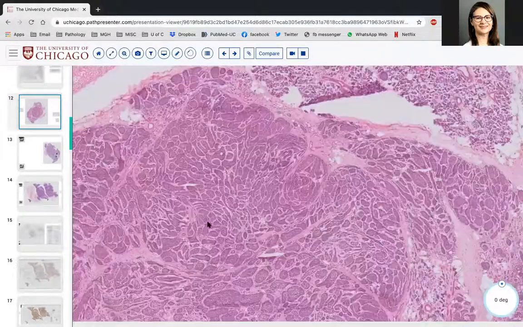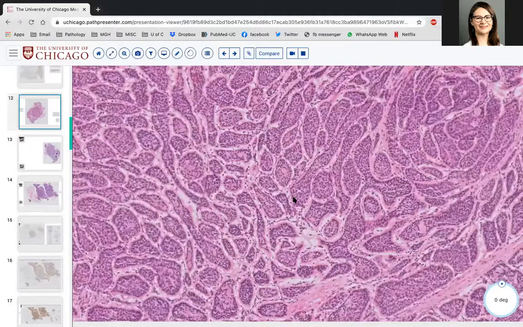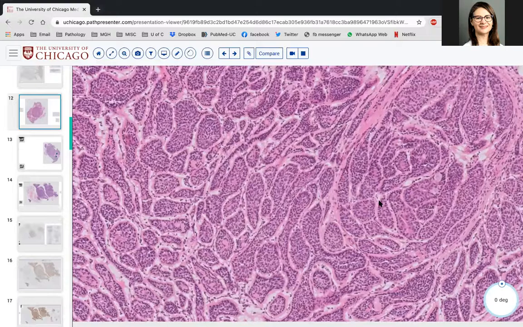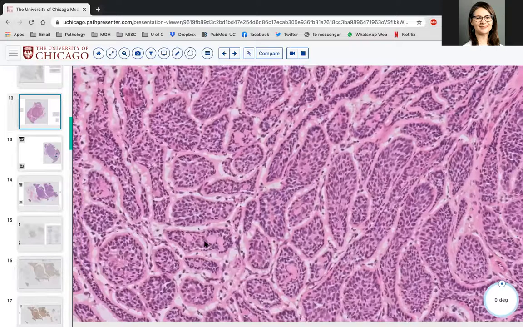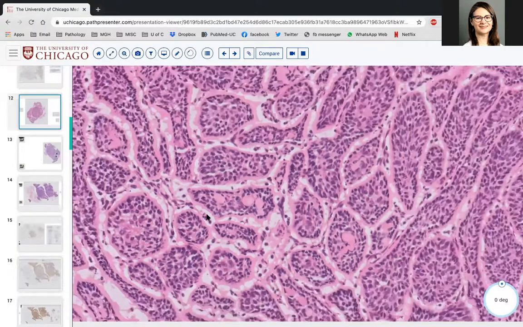So to recap, there are nicely tightly intersecting islands in that jigsaw puzzle pattern with, as you said, peripheral palisading and very prominent eosinophilic basement membrane material, both highlighting the periphery of these islands as well as these cores in the center of the islands.